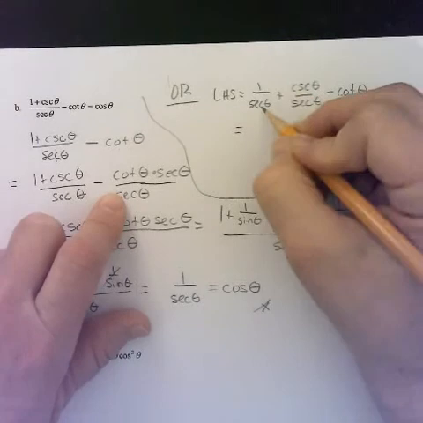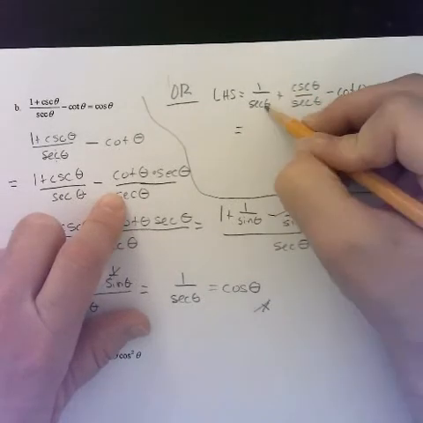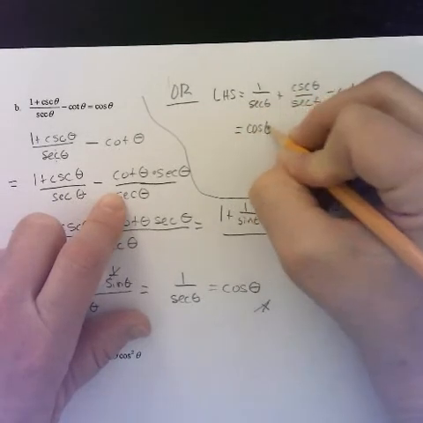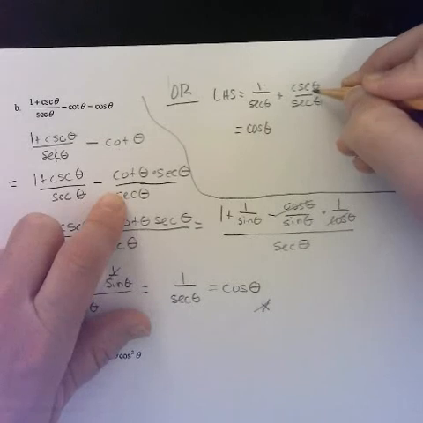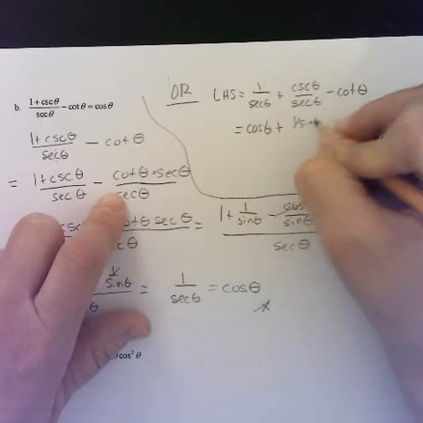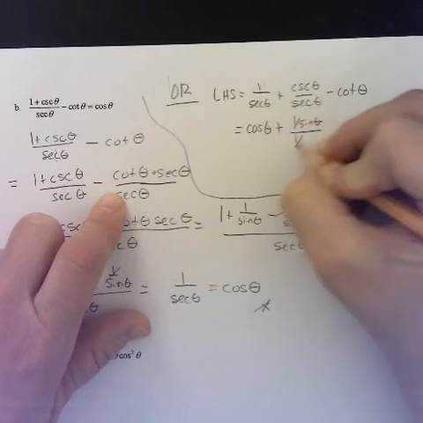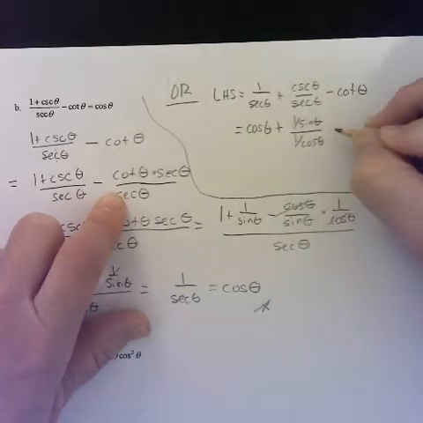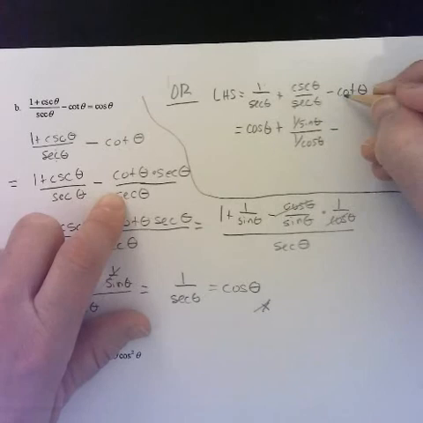And then 1 over secant theta is cosine theta. And then cosecant theta is 1 over sine theta. Secant theta is 1 over cosine theta. And I'm just going to leave that one for now.